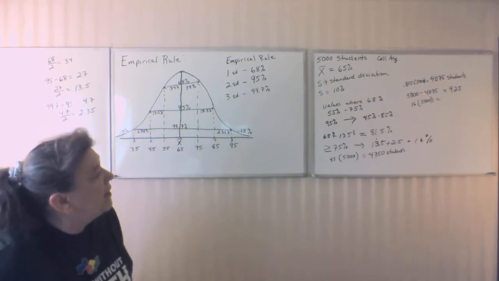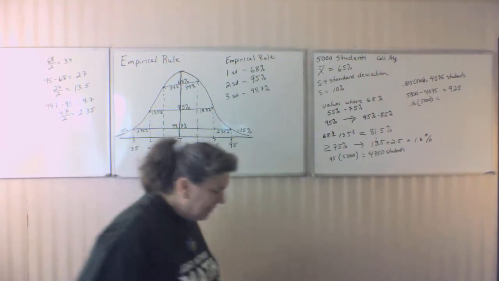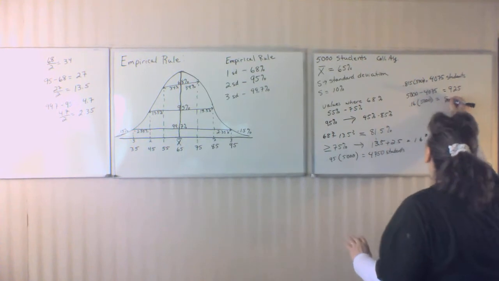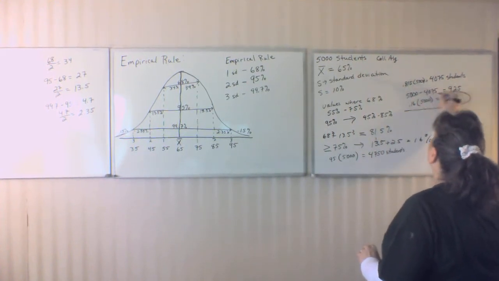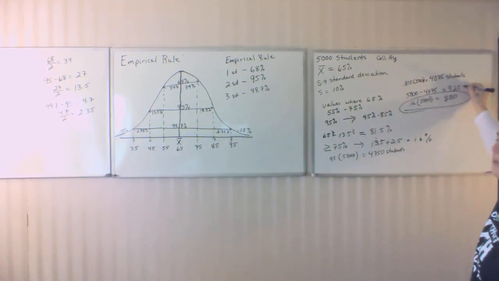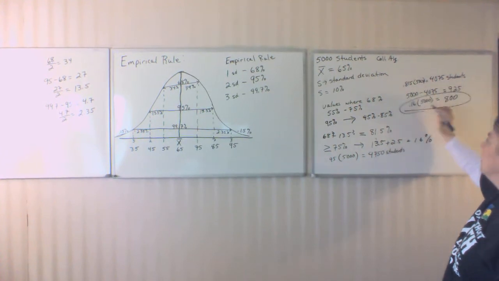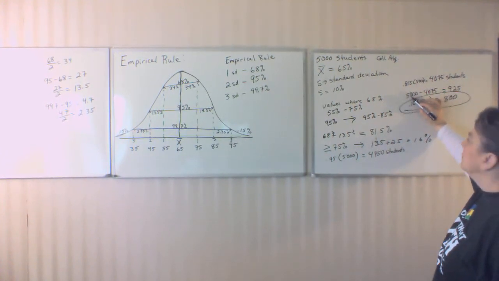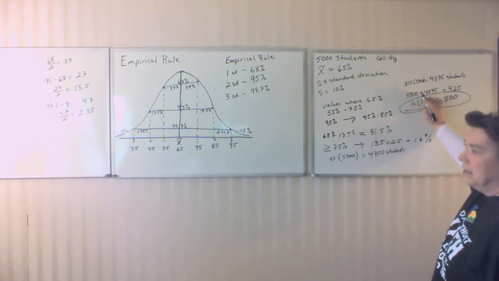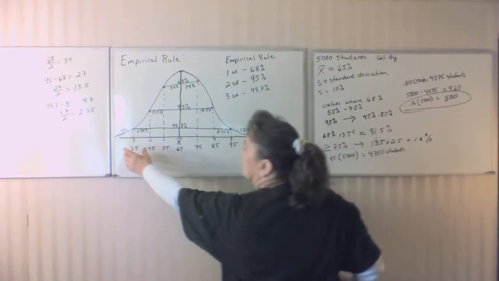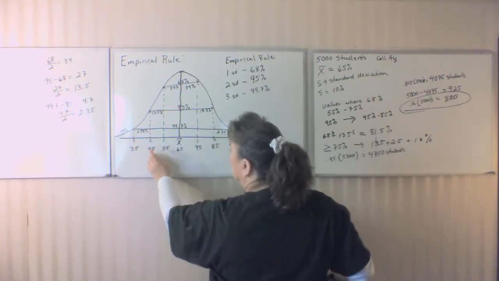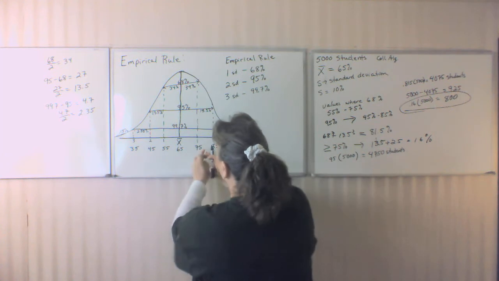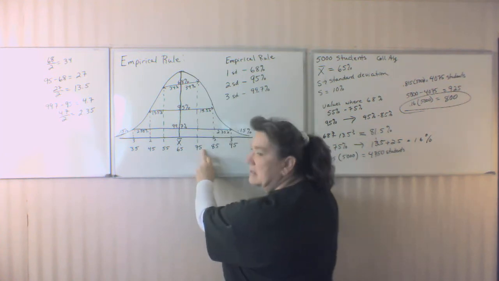Oh, I know what's wrong. This one's correct. Why is this one incorrect? Think about it. That 5,000, what did it cover? It didn't cover this part down here. It was from here to here. But we're wanting greater than this.